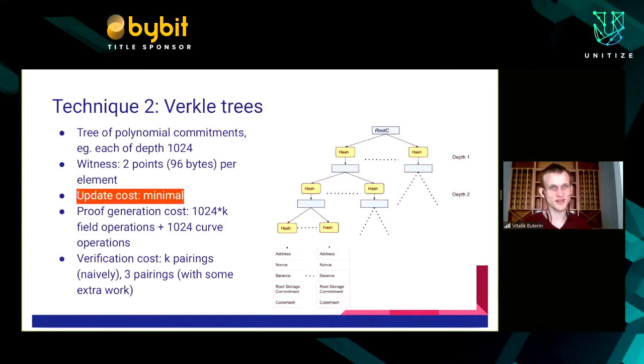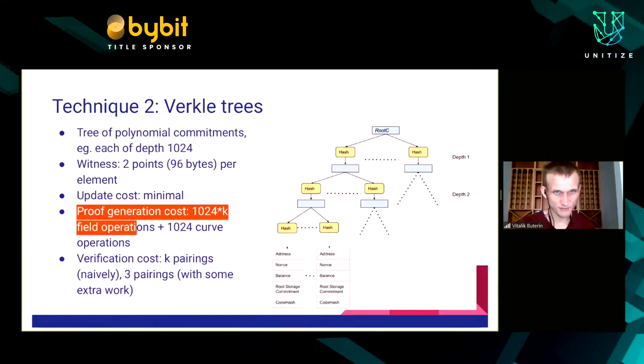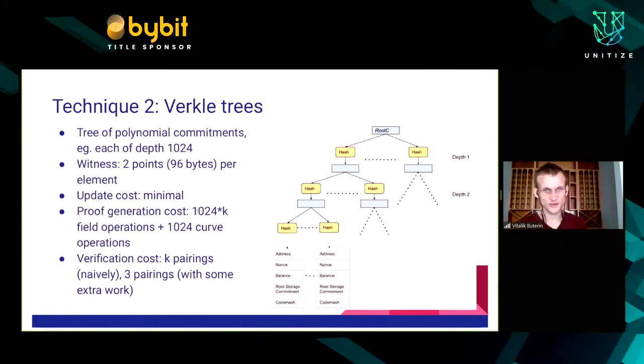Cost of updating witnesses is minimal. For the cost of generating proofs, if each of these polynomial commitments has depth 1024, then it's 1024 times k field operations, and it turns out you only need just 1024 curve operations.